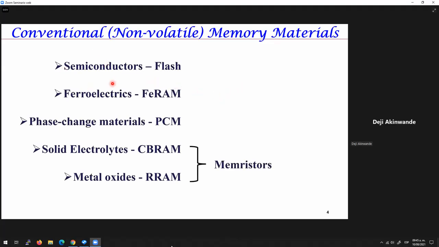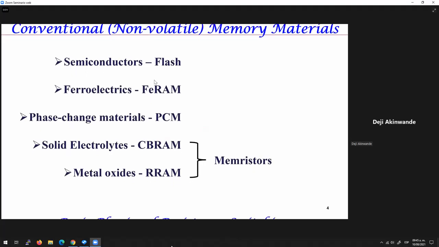And you could have solid electrolytes, which is ionic transport in materials, and that's so-called CB-RAM, and a variety of metal oxides lead to resistance change memory. So the latter two or three are colloquially called memristors, and this is really similar to the effect that I'll describe, which is what we observe in atomically thin materials.